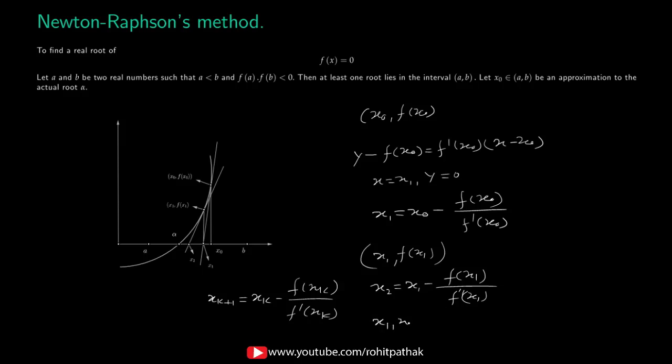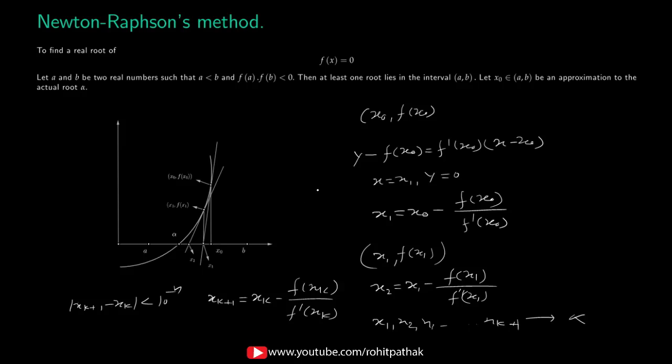So x1, x2, x3 up to xk plus 1 will tend to the real root alpha in successive steps. So again stopping criteria is same. Whenever you find xk plus 1 minus xk less than 10 to the power minus n, which is desired accuracy, up to 3 places of decimal or 2 places of decimal, you can stop this method.